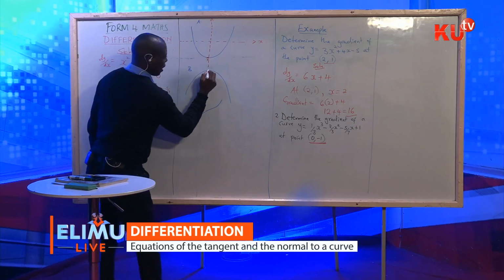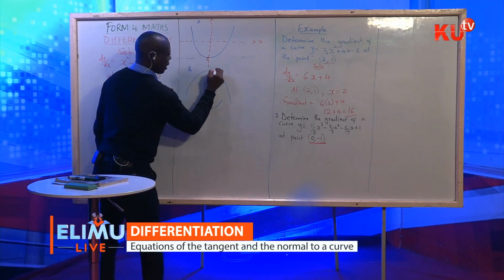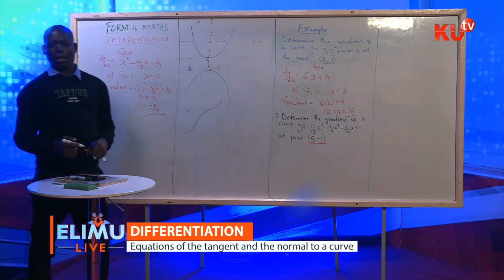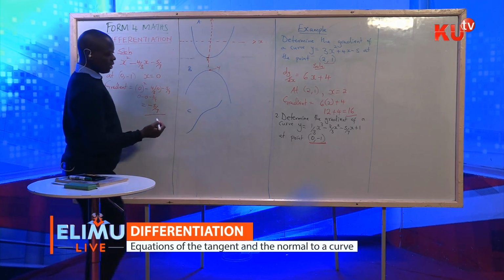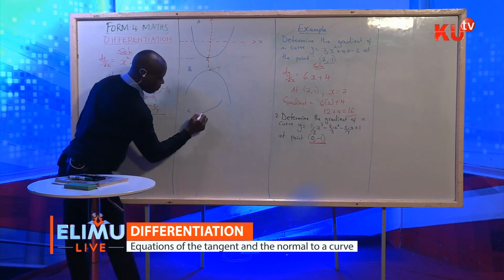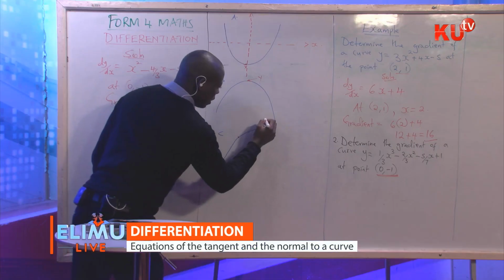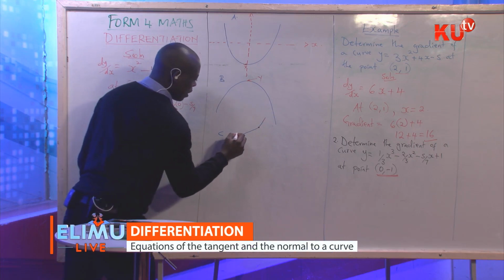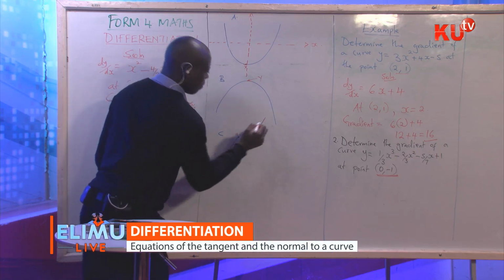In curve B, I have a turning point Y. And in C, I have different turning points. At this point the curve turns, and again, when it's moving upwards, it turns. So let's call this one A, and this one B.